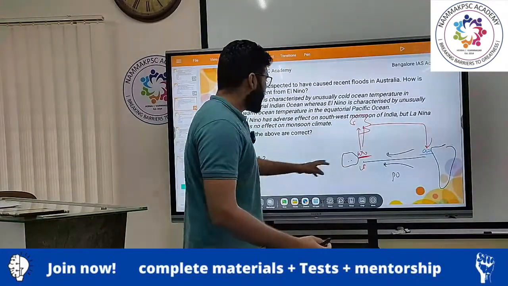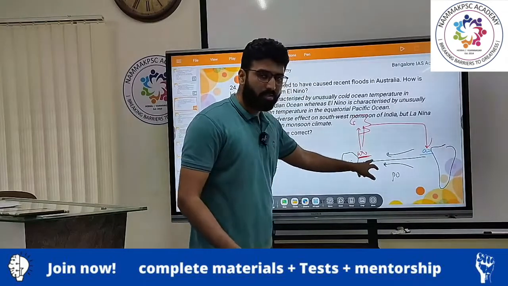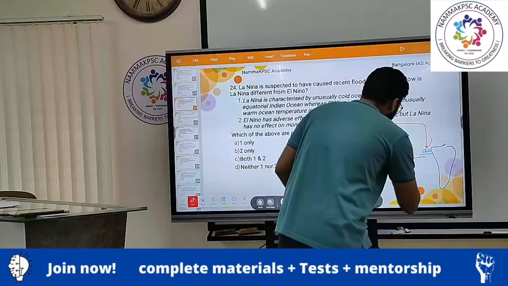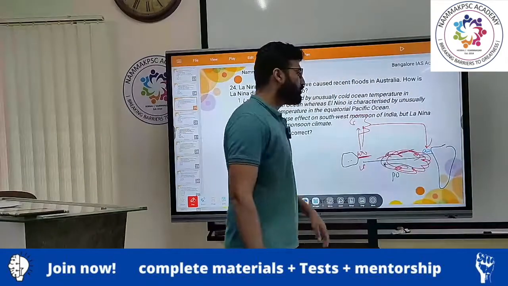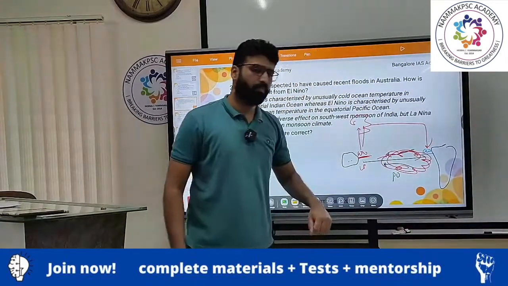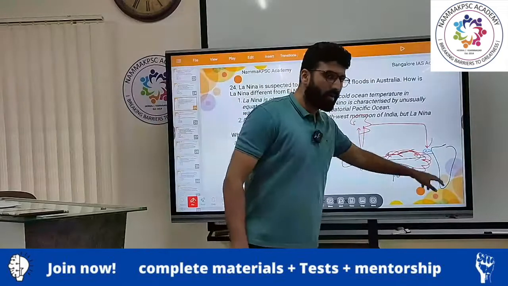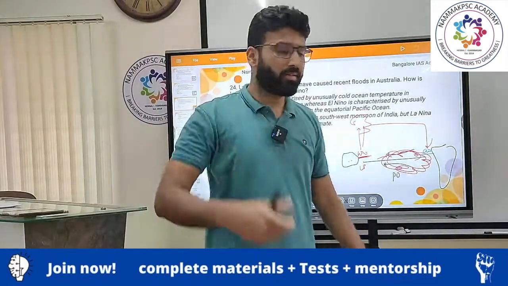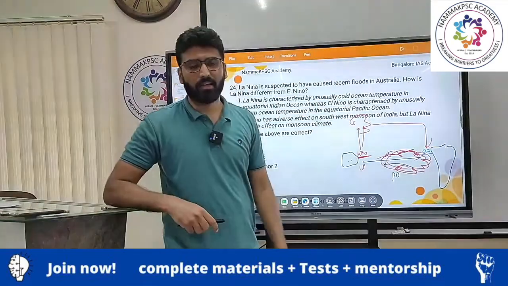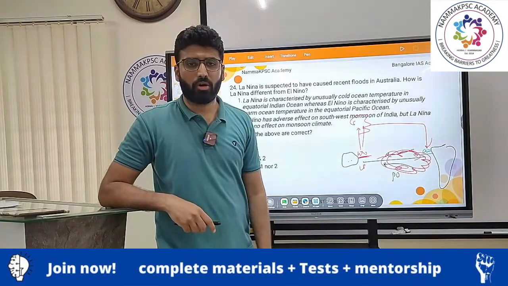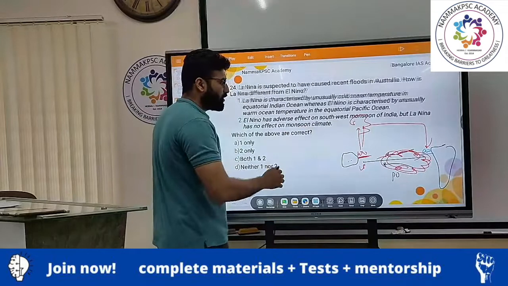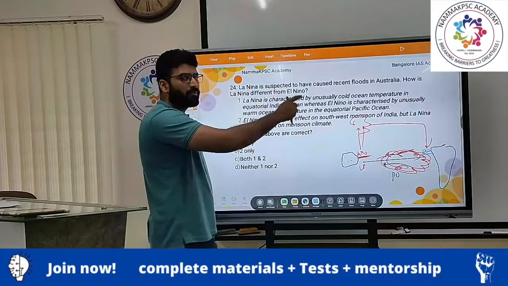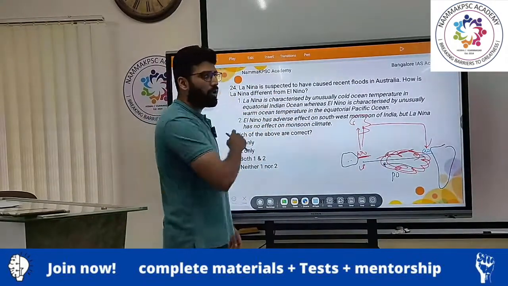Hence, instead of next to Australia, you have warm water close to South America, which reverses your normal cycle. This is your El Nino. El Nino also disrupts the monsoon cycle, which results in drought in India.